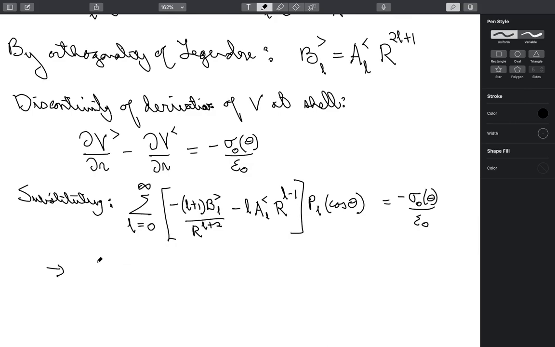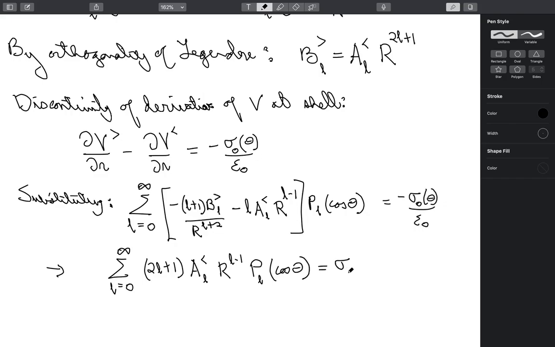So what we get is that the summation L is equal to 0 to infinity of now I'll have this one plus this one, so 2L plus 1, with everything in terms of the A's, AL, and now big R to the L minus 1, and PL of cos theta is equal to sigma 0 of theta divided by epsilon 0. Okay?